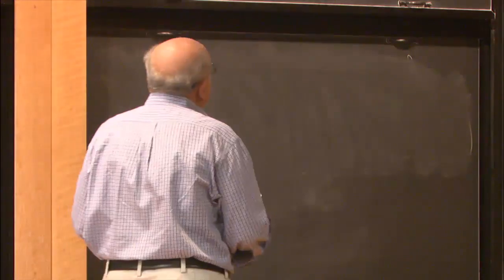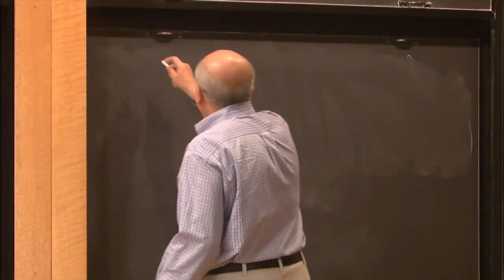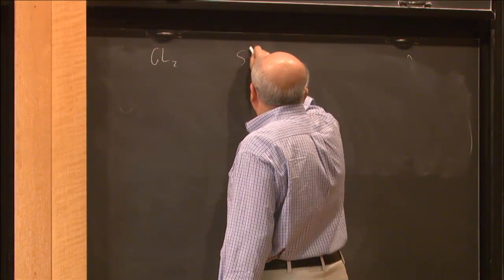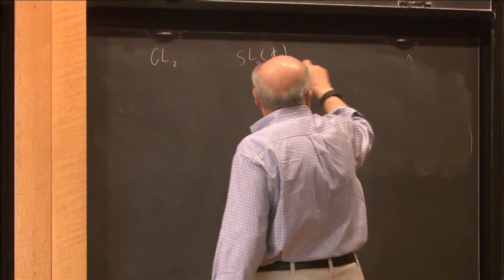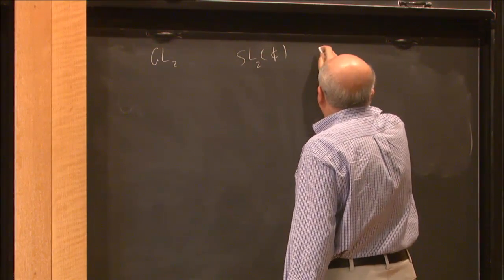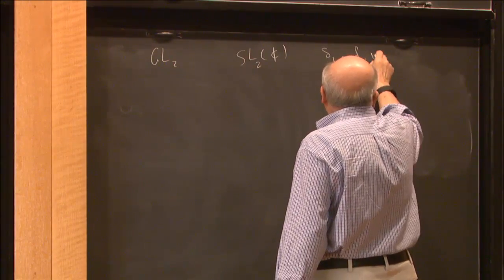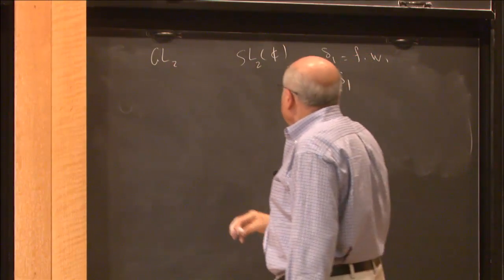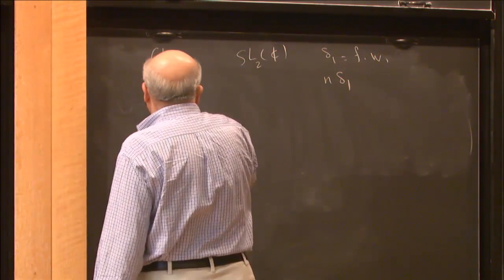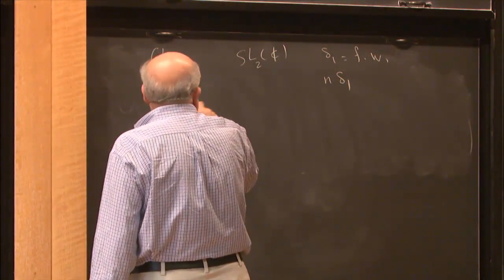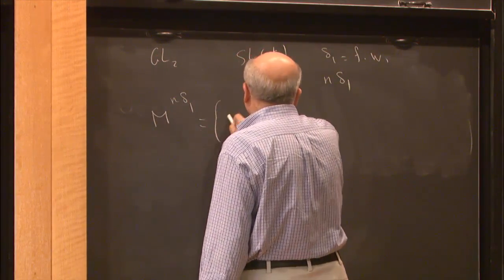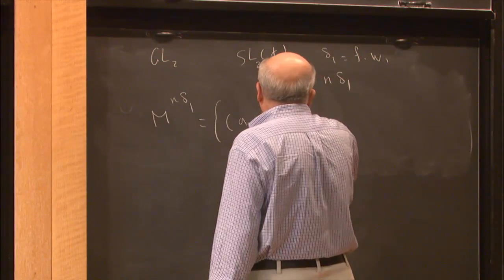Now, if you do these constructions, for example for GL2, in fact, if you want to do it for fundamental weights of SL2C, the fundamental weight is delta 1, and then symmetric powers are n delta 1. Then by this definition, the M which corresponds to n delta 1 is just going to be pairs of A and M plus.